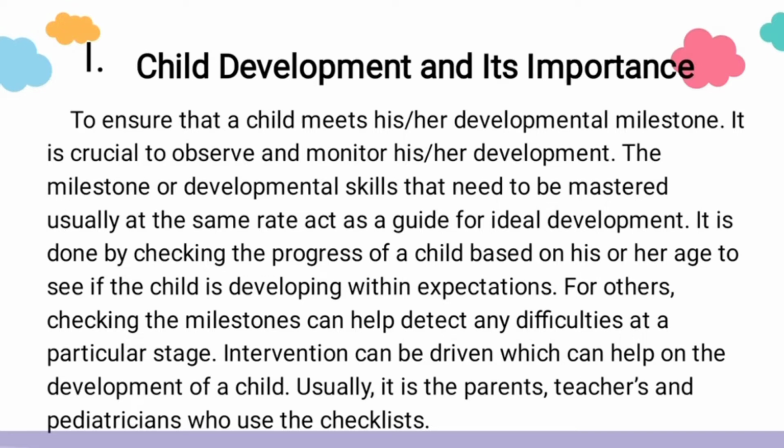It is done by checking the progress of a child based on his or her age to see if the child is developing within expectations. For others, checking the milestones can help detect any difficulties at a particular stage. Intervention can be driven, which can help in the development of a child. Usually, it is the parents, teachers, and pediatricians who use the checklist.